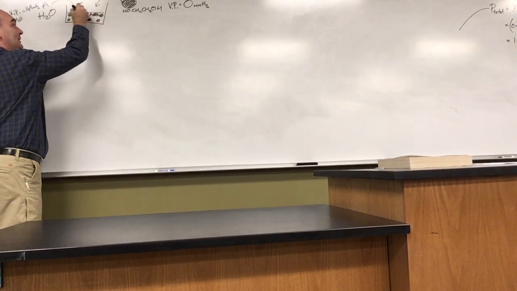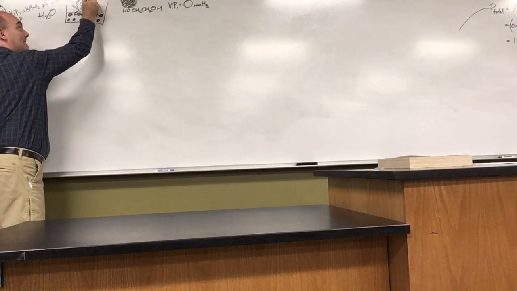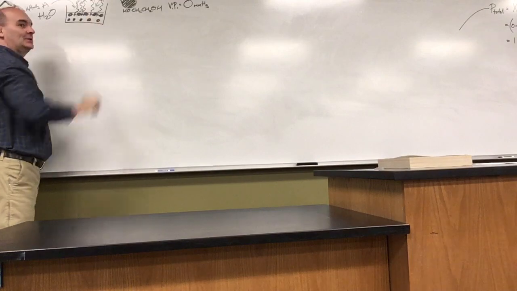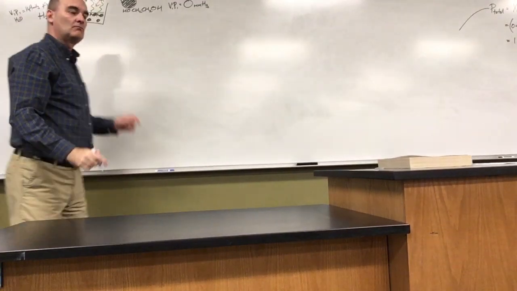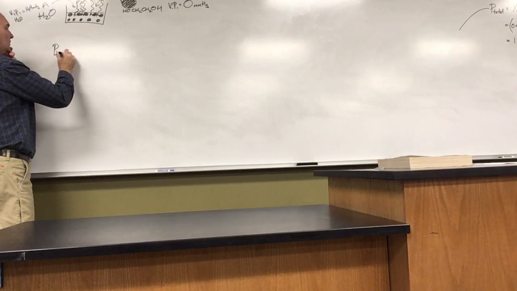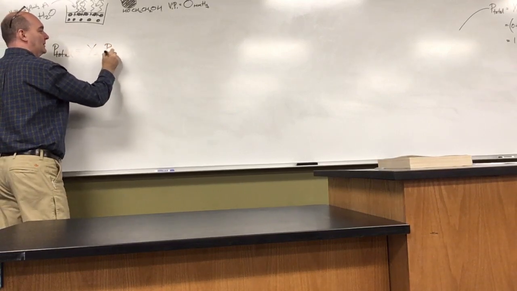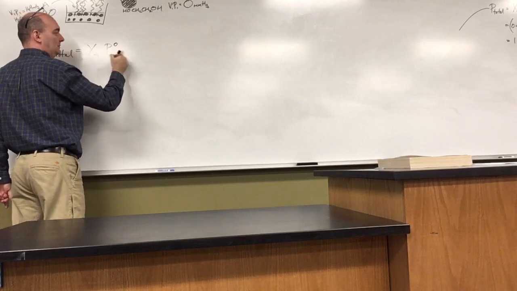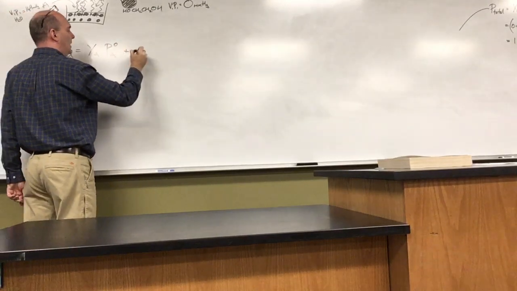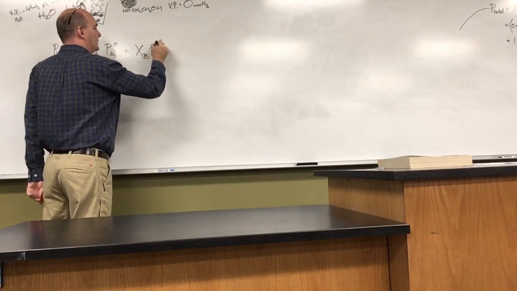And it's only the water that is now exerting vapor pressure. So, P total equals the mole fraction of A times the PA standard, plus the mole fraction of B times PB standard.